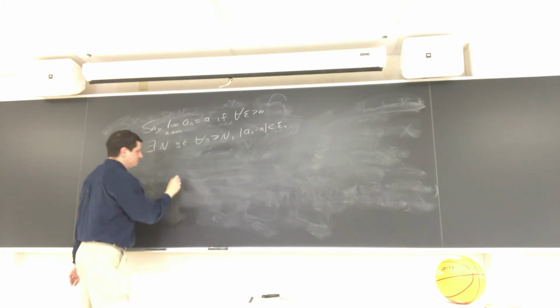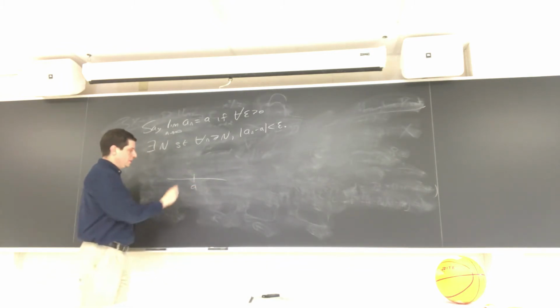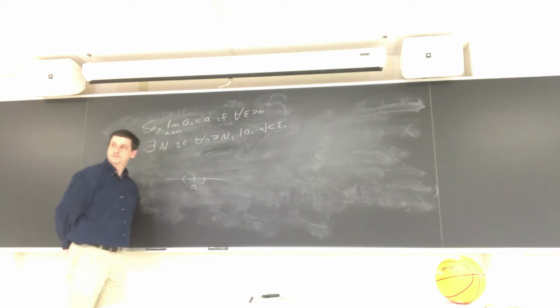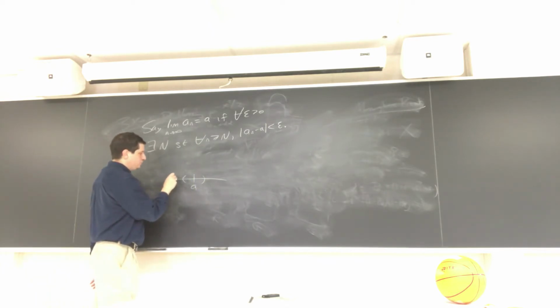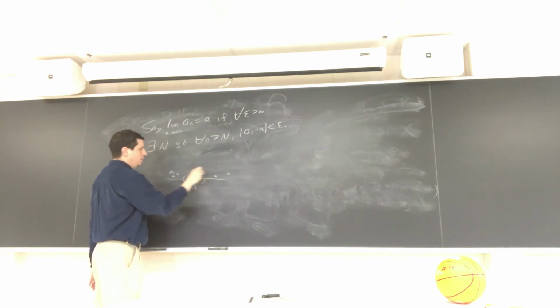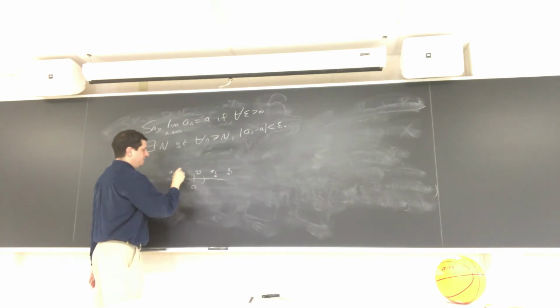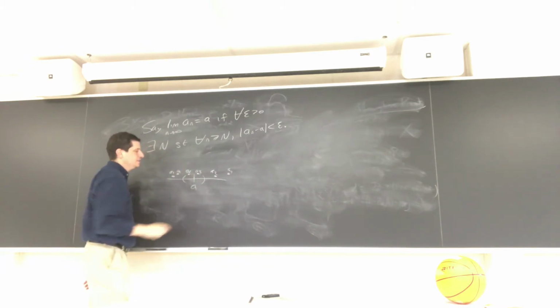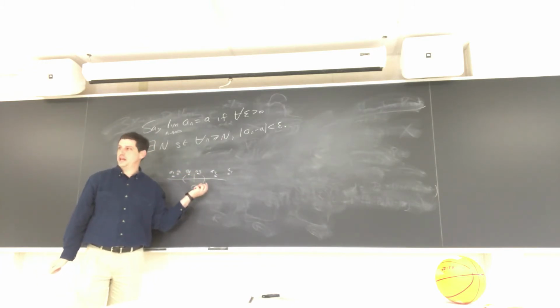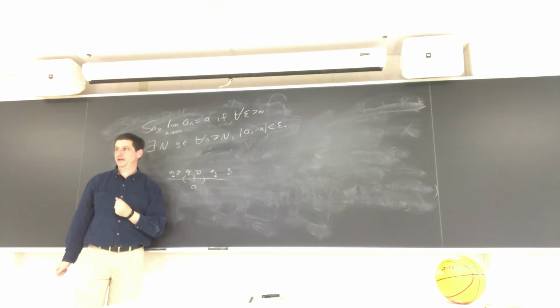So if you want to think about what this means, here's a, you give me an epsilon, and then I choose the terms in my sequence. And maybe they're hopping around a1, a2, a3, a4, a5, a6. If the sequence converges to a, eventually from some point onward, we will always be within epsilon of a.